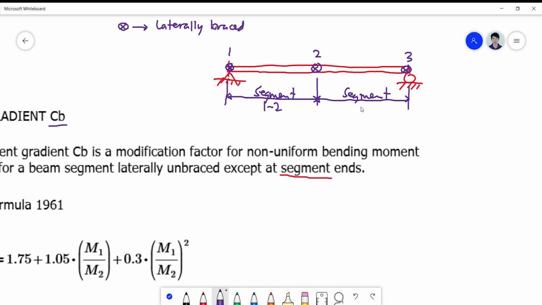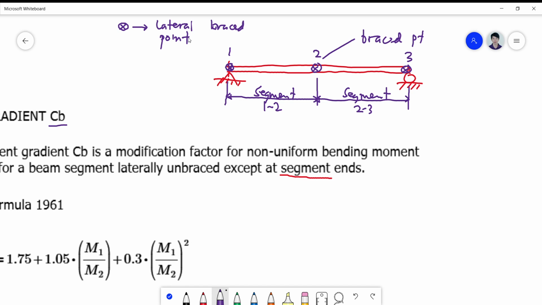Of course, considering symmetry, segment 1-2 and segment 2-3 may be the same, depending upon the location of your brace point. You call this brace point 2. So this is a lateral brace point.